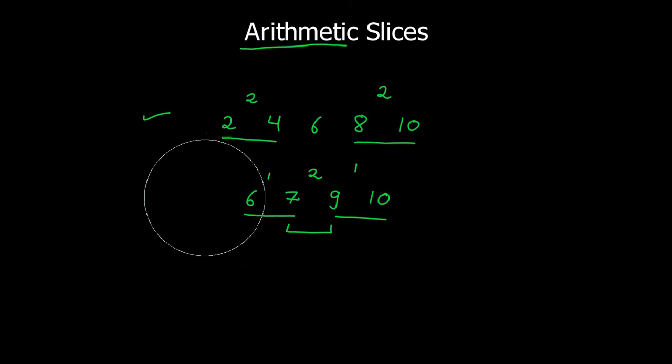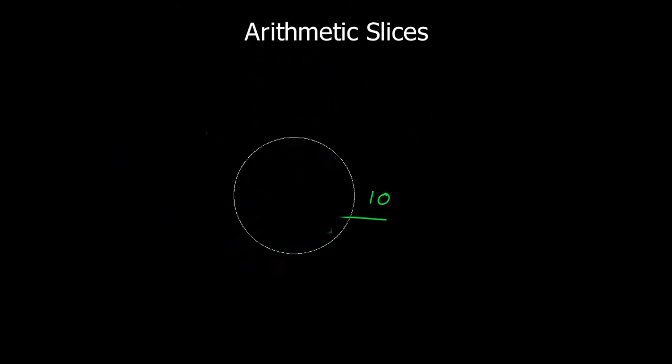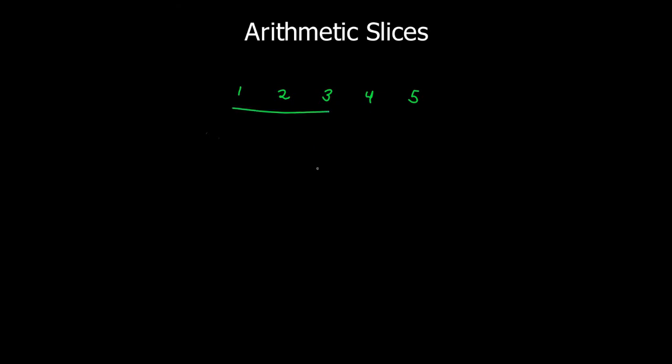So now we are required to tell how many arithmetic slices, or arithmetic subarrays, are there in the given array. For example, if I have 1, 2, 3, 4, 5, let us try to count by brute force how many arithmetic subarrays there are. Definitely 1, 2, 3 is an arithmetic subarray.